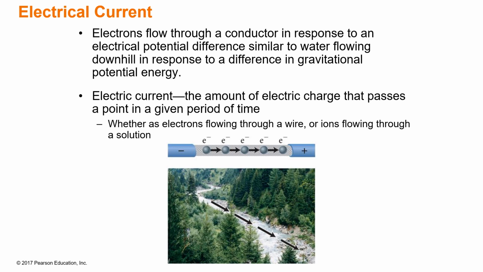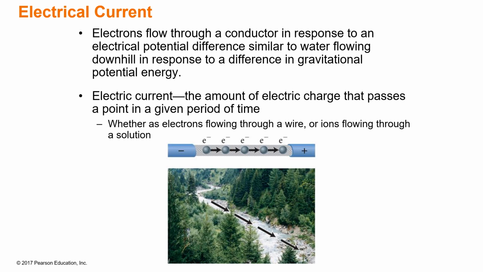Now, when we're measuring these cells, there's a couple different things that we can measure, and one of them is electrical current. So in order for our cells to work, there has to be a flow of electrons. And that flow is going to happen through a conductor, usually electrical wires. We can think about this similar to the flow of water.